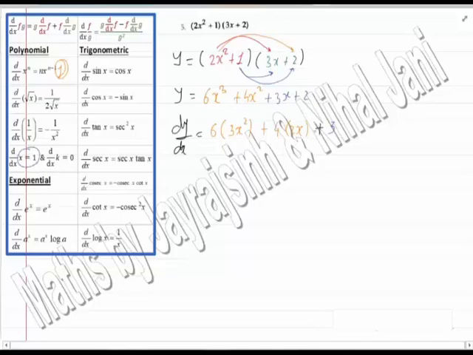We know that differentiation of x is 1, and the last term is 2, which is purely constant term. We don't have any function of x in multiplication of this constant, right? So the differentiation of purely constant term is 0. So the final answer is 18x squared plus 8x plus 3. Ta-da!